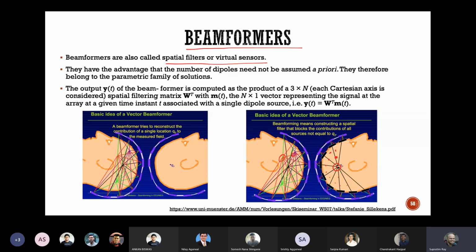I've got sources from many locations, and the contribution at the sensor level is from all of them. But I want to find a weight vector or a spatial filter which, when I apply it to the sensor data, will reconstruct the source at a particular location but cancel the sources everywhere else, so that I get a true reflection of what the source is at that particular location.